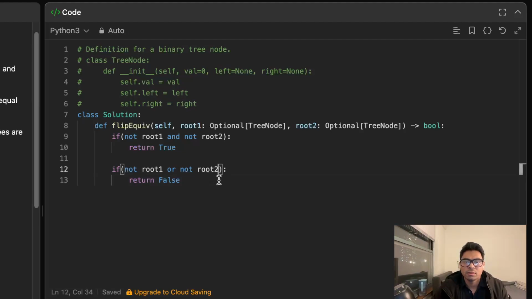And here one more thing we can do is, if the values are not the same, then also we return false. Let's keep it separately.